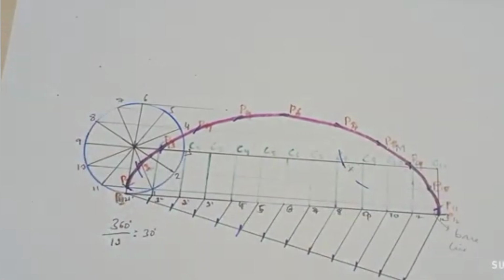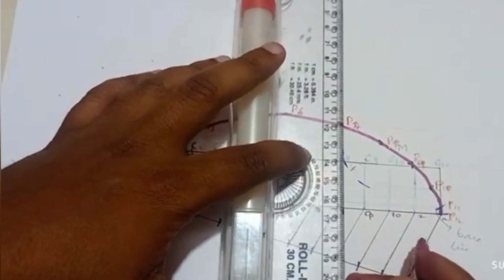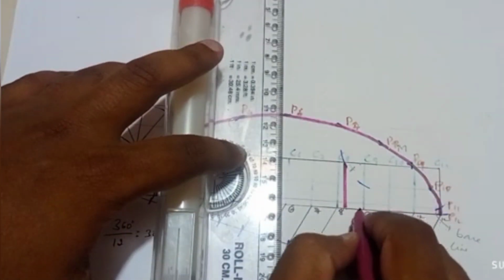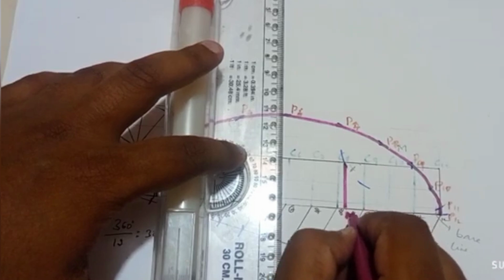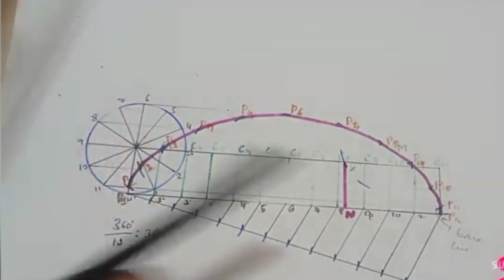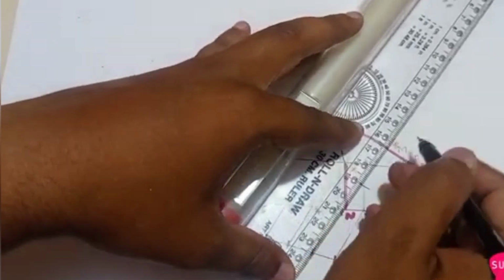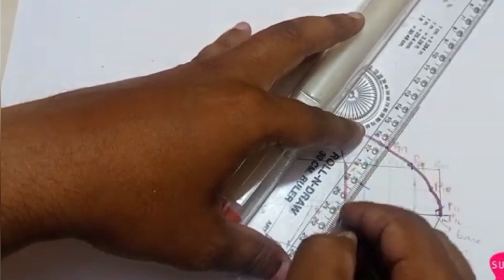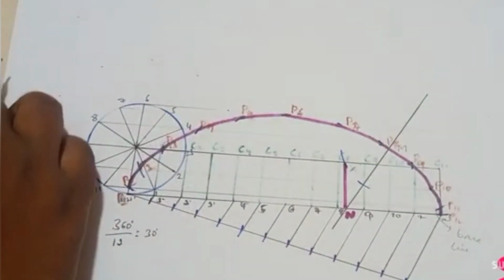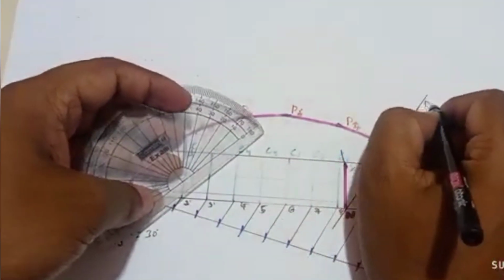Now draw a straight line parallel to this. This is your end point, N. Now we have to join N and M with a straight line. This is your normal, you can give this N1.